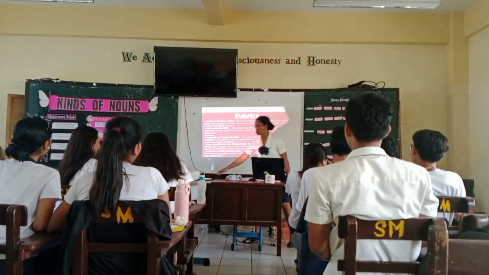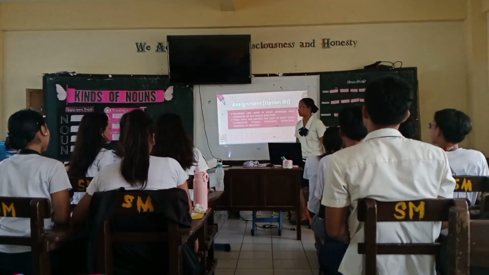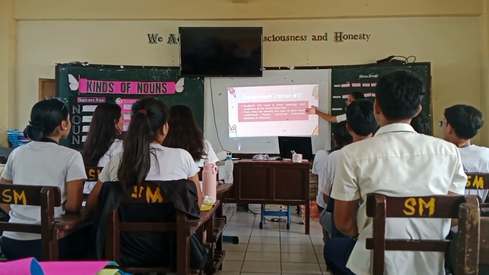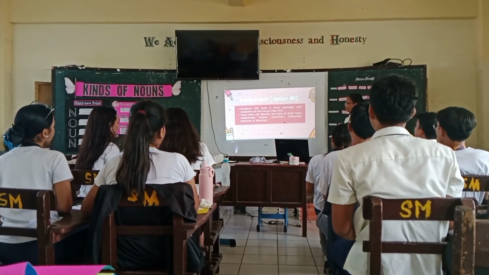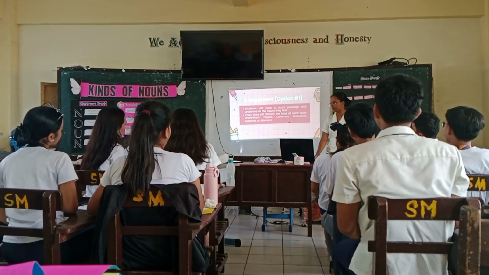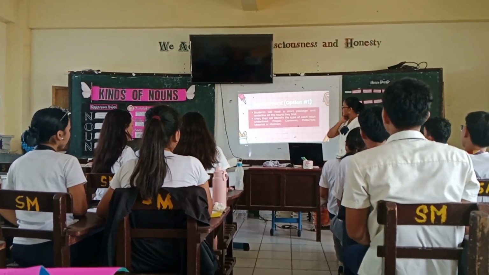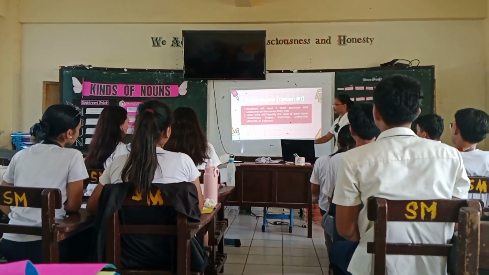Okay, so now let's move on to the assignment. You have two options here. The first one is: students will read a short passage and underline all the nouns they find. Then they will identify the type of each noun underlined: proper, common, collective, material, or abstract.